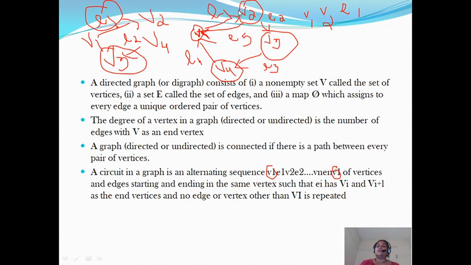E1, and the next vertex will be named Vi plus 1, that is V2, etc. You must go on, and at last we must stop at the starting vertex. No other edges and vertices must be repeated. For example, we cannot put V2 twice, that is, no other vertices and edges can be repeated. That's all about the graph.